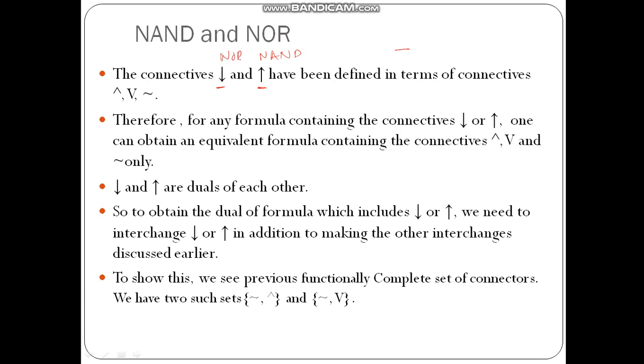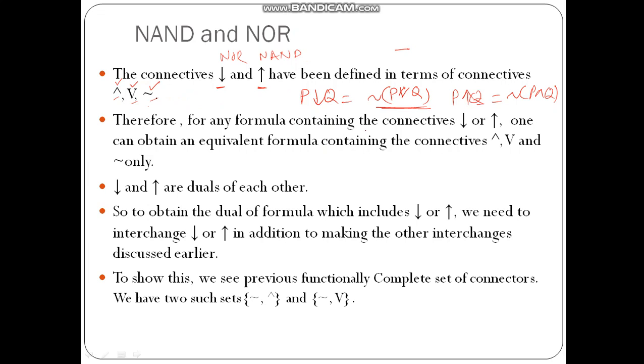The connectives NAND and NOR can be defined in terms of AND, OR, and negation. We already know that P NOR Q is equal to NOT of P or Q, whereas P NAND Q is equal to NOT of P and Q. So every NAND and NOR connector can be represented in terms of conjunction, disjunction, and negation by using only these terms.